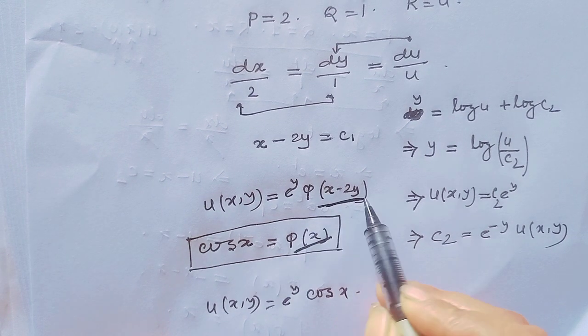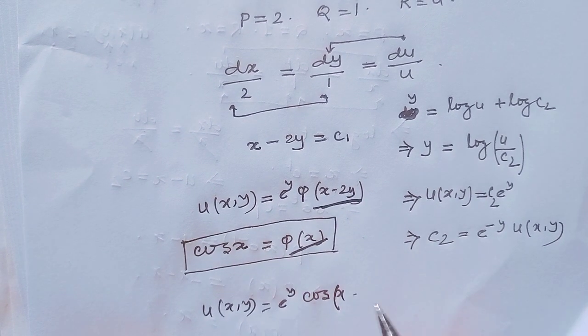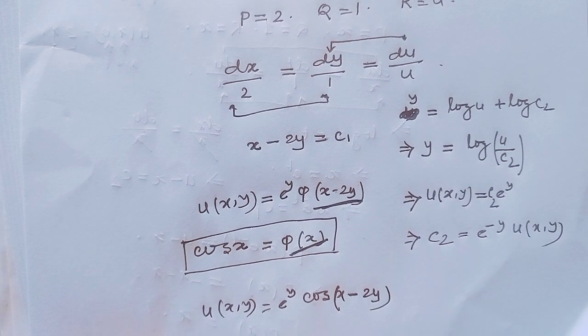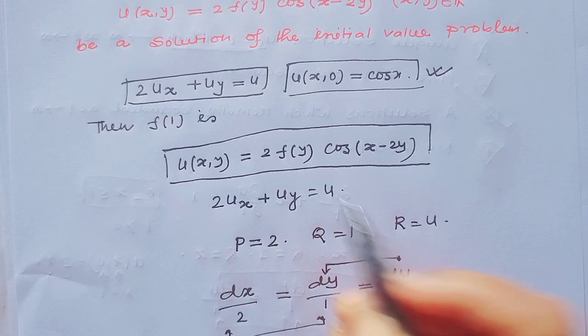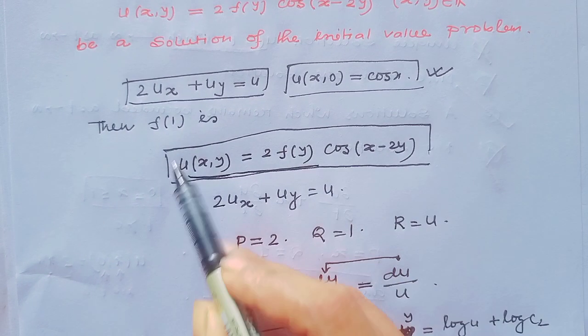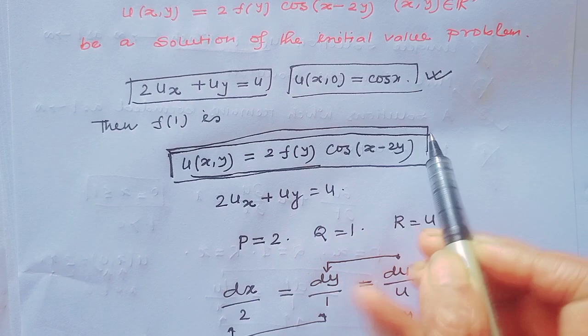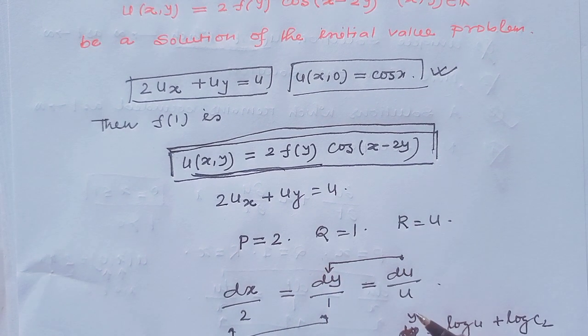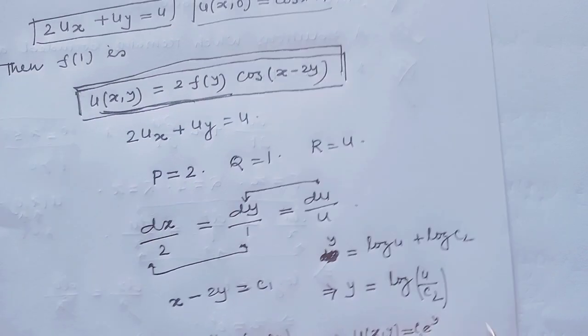Here phi of x minus 2y, that means u(x,y) is equal to this. Actually, here the given solution looks like such a type.